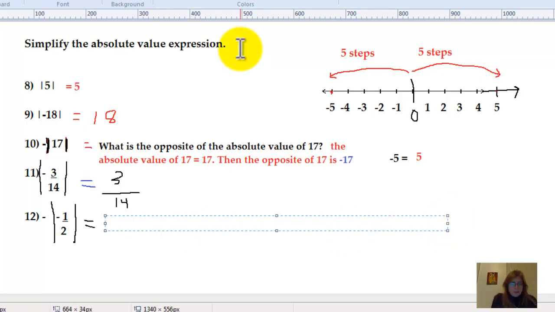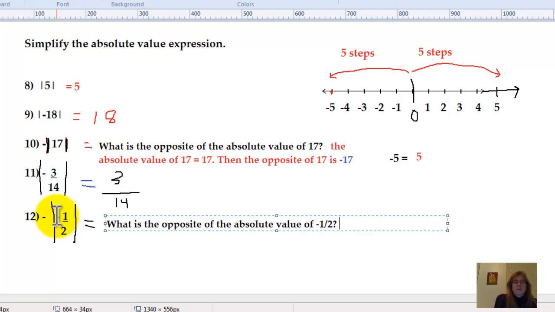What is the opposite of the absolute value of negative 1/2? So that's the question. So then the answer is, first, in 2 steps.